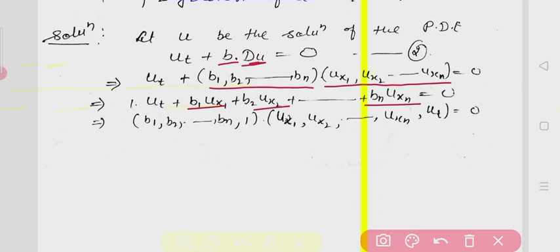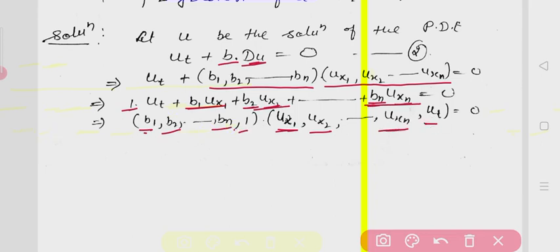And ut can be written as 1 into ut. Okay, if you collect all these terms, this becomes a product of the vector b1 b2 b3 bn comma 1, and which vector is multiplied with b1? ux1, the first component, and with b2 the second component is ux2, and in the same way bn with uxn, right? And 1 with ut.